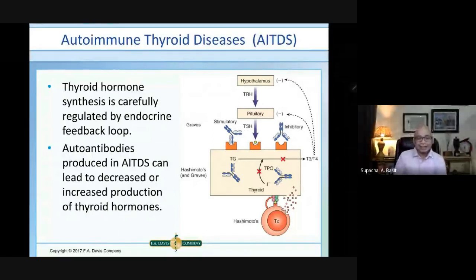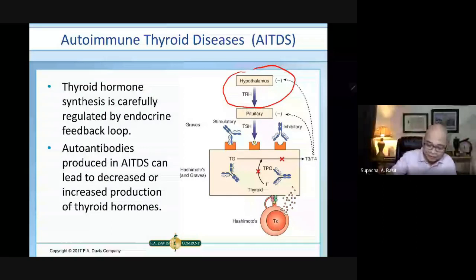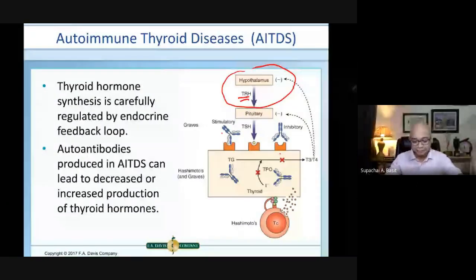So the hypothalamus secretes, so where is the hypothalamus? It's actually in the brain. The hypothalamus secretes TRH, and TRH stands for thyrotropin releasing hormone.